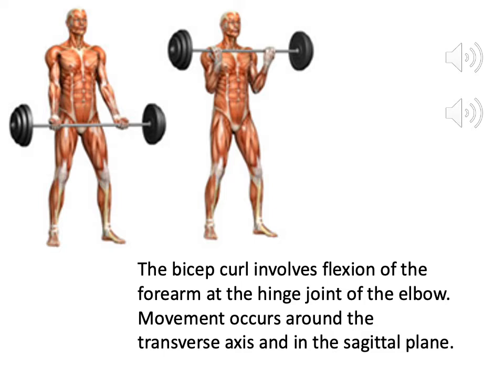So the diagram we see on screen here is a barbell bicep curl. In this action, we have flexion of the forearm at the hinge joint of the elbow, and in this situation, movement occurs around the transverse axis, so that rather than going through the center of the body, the axis, that imaginary line, is going from left to right, right through the center of the elbow, and movement is occurring in the sagittal plane, that plane which divides the body into left and right sections.